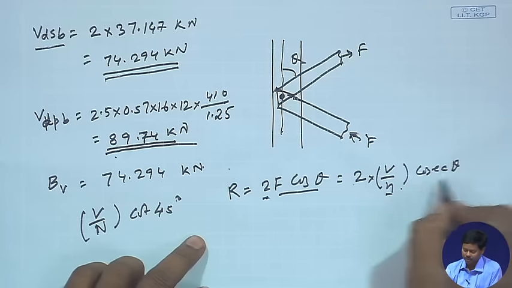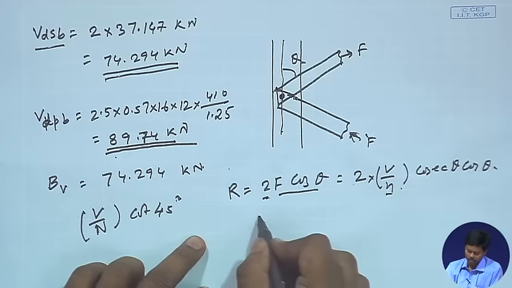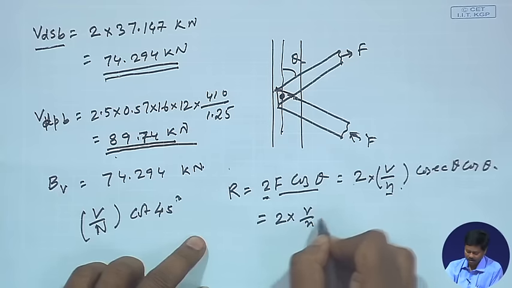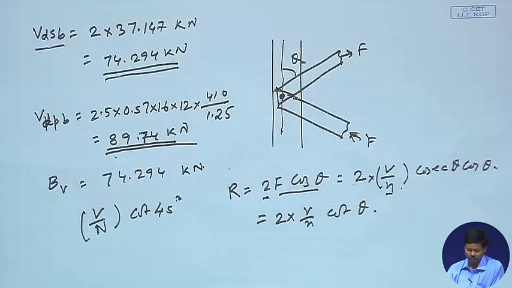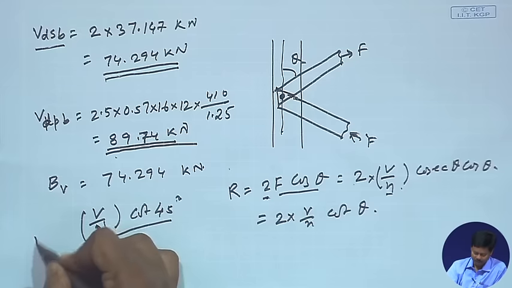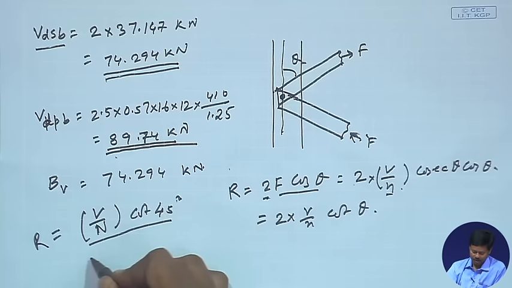So, 2 into V by N cosec theta into cos theta. So, this will become 2 into V by N cot theta, right. So, we can find out the resultant force as R is equal to 2 into V by N cot 45 degree.